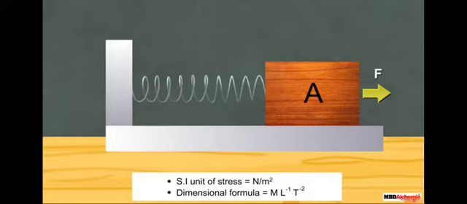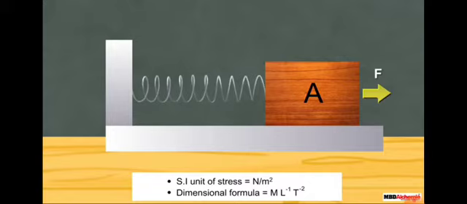Due to the external force F, the wooden block will be under external force, but it will withstand because of the resistance offered by the body against that external force, and that is per unit area. So that is how the stress is measured. Stress is equal to force upon area.